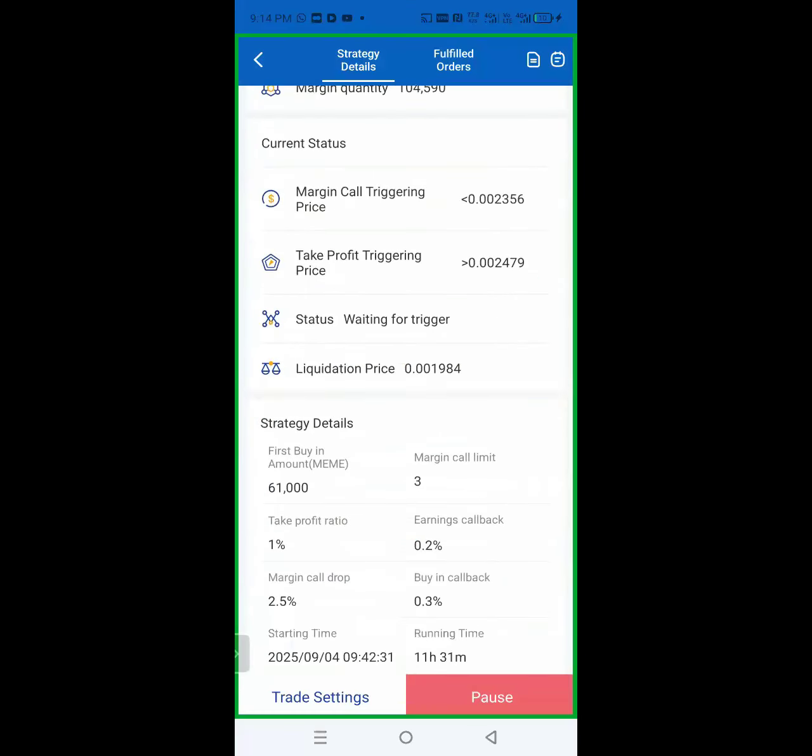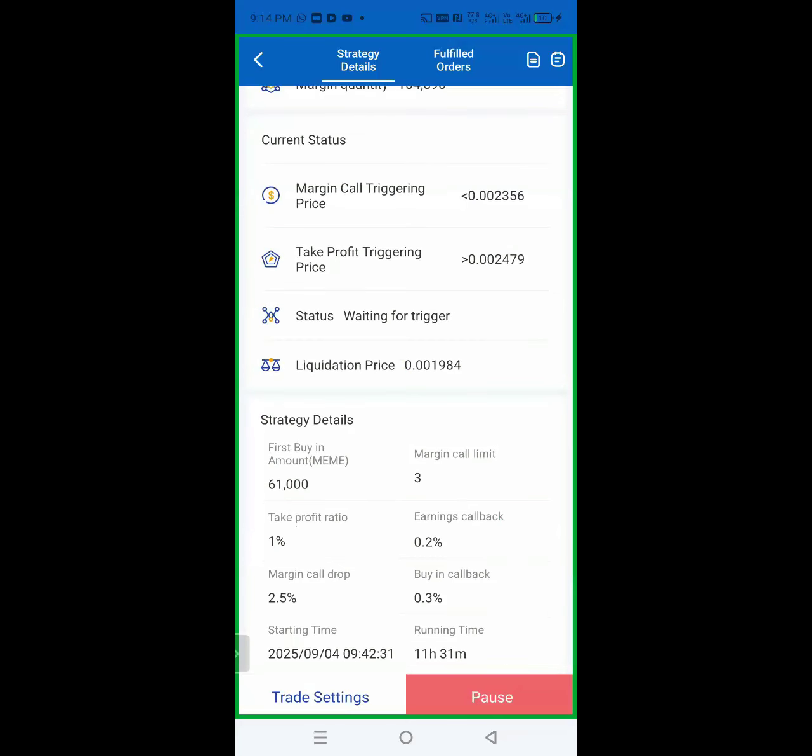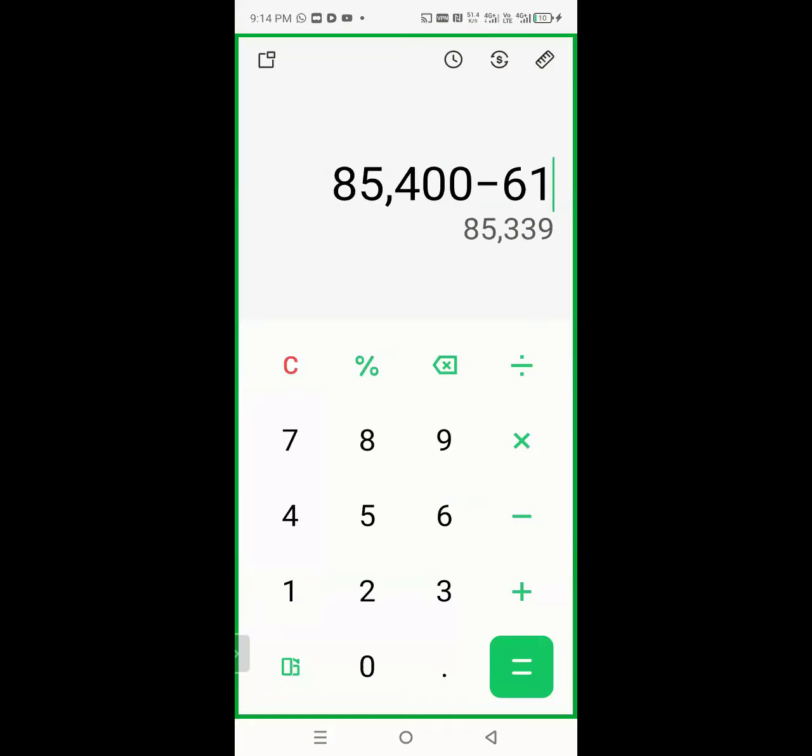What $6 margin we give? I will divide it by 2. So it means that my first margin bought 12,200 quantity of meme coin. The second margin also bought 12,200 pieces of the meme coin. So the third one will also buy 12,200 pieces.